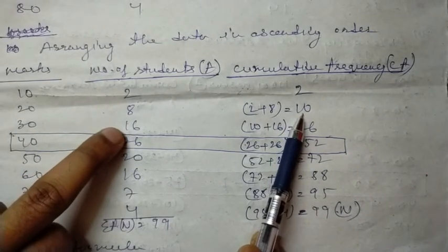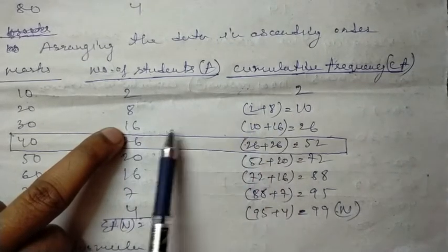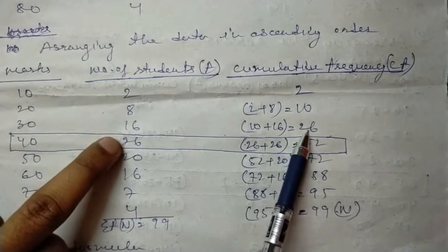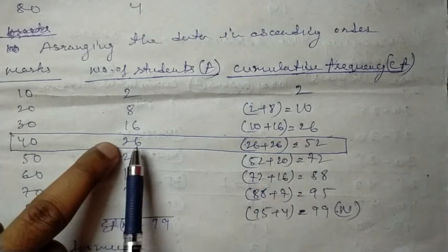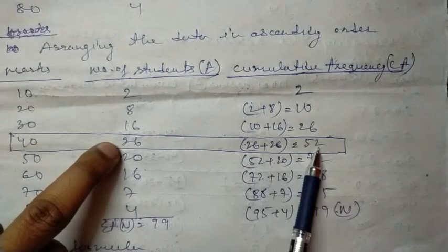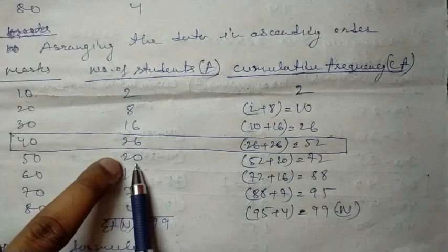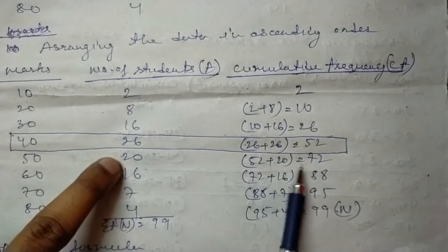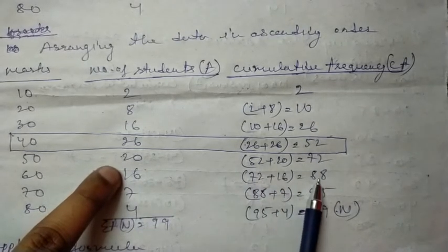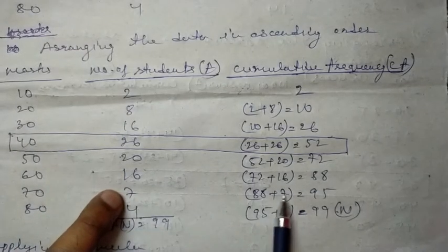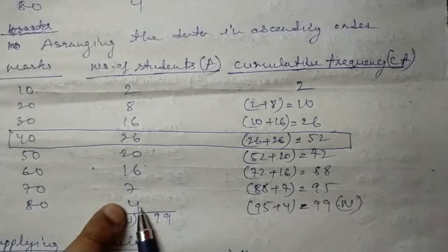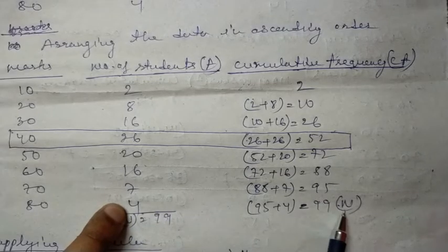Then 10 plus 16 is 26. 26 plus 26 is 52. 52 plus 20 is 72. 72 plus 16 is 88. 88 plus 7 is 95. Then 95 plus 4 is 99, that is n.